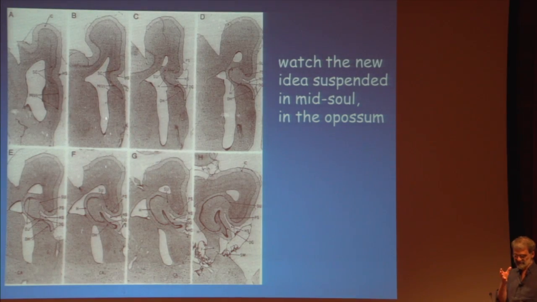And there is one species, the opossum, maybe it's not the only one, a kind of mammal that is a bit uncertain whether to be a mammal or not. So if you take cross-sections of the forebrain from more rostral to more caudal levels, you find that in the rostral part there is essentially no dentate gyrus, no mammalian hippocampus. It is like a reptilian forebrain, and then at the back you see a full-fledged mammal.